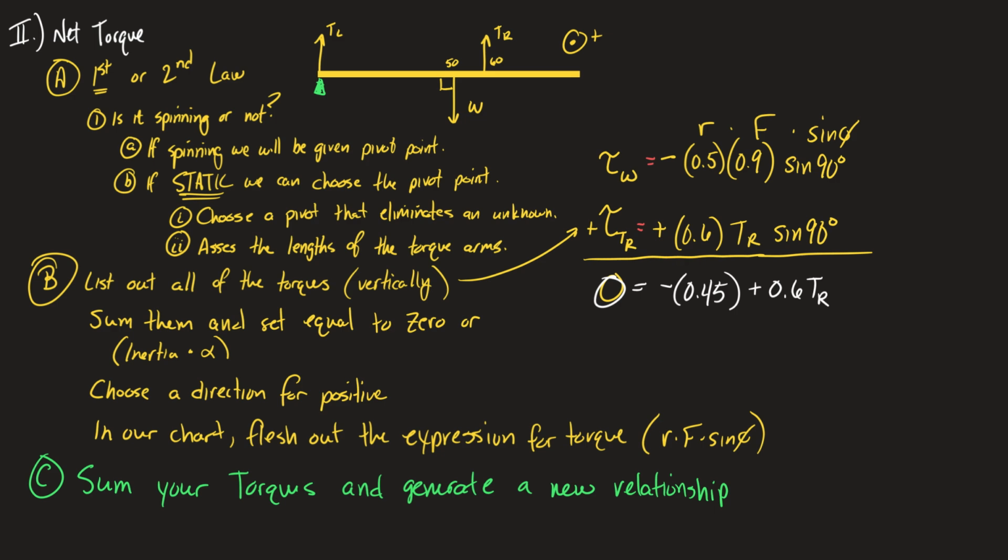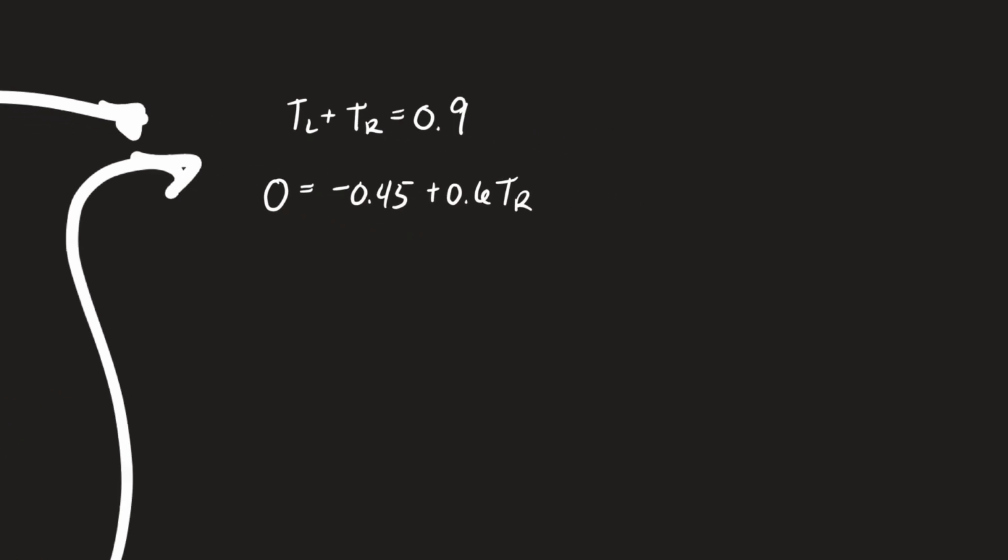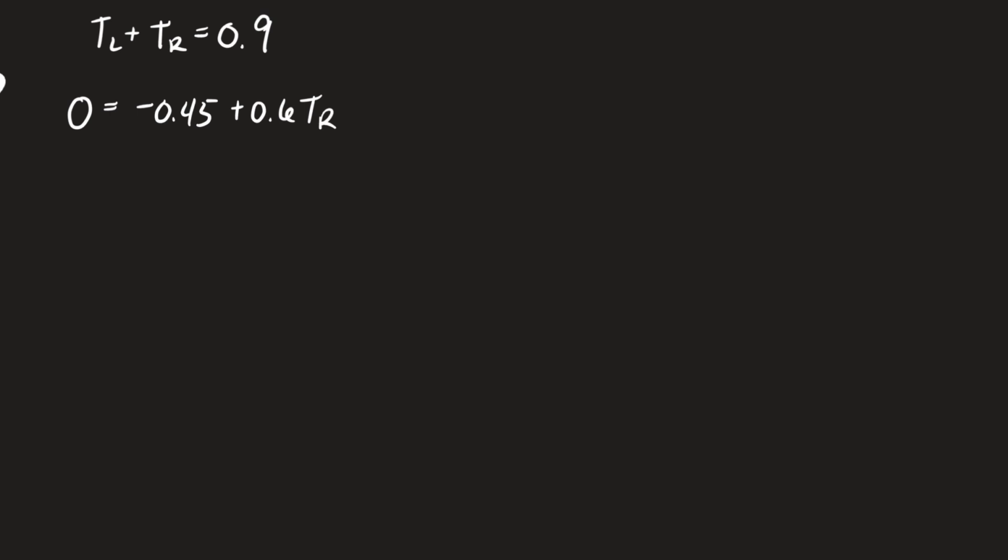But we have two things now. We have this and we have this. And that's what it gave us. Ultimately, all those steps, everything to here, gave us two relationships. Can these two relationships be used to figure out TR and TL? I easily can.